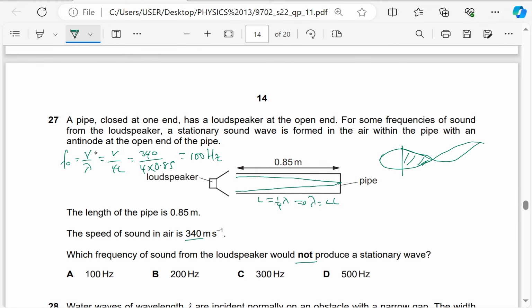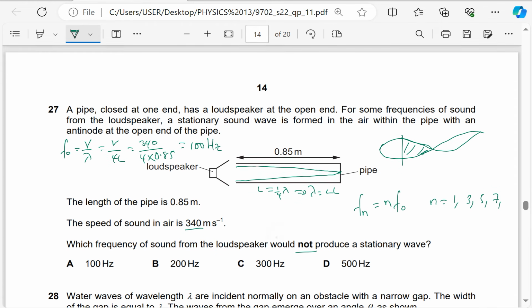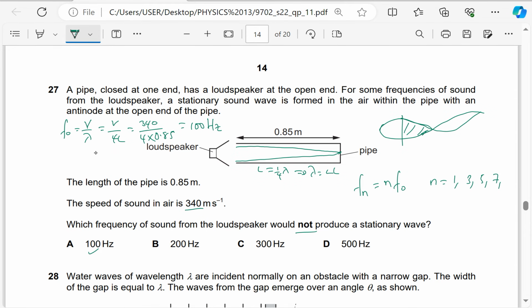But since this is a closed pipe, the possible frequencies are f n equal to n f naught, where n must be an odd number: 1, 3, 5, 7, and so on. Only odd harmonics are present. So the first one is the fundamental, f1 is 100. This is possible. 200 is possible?